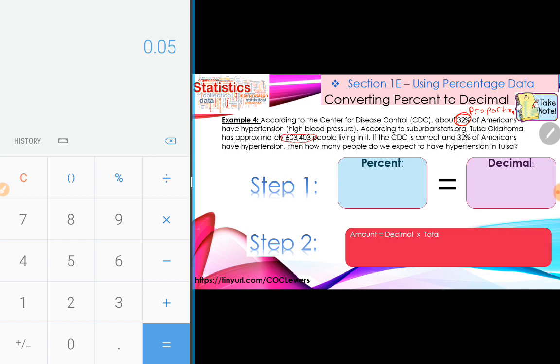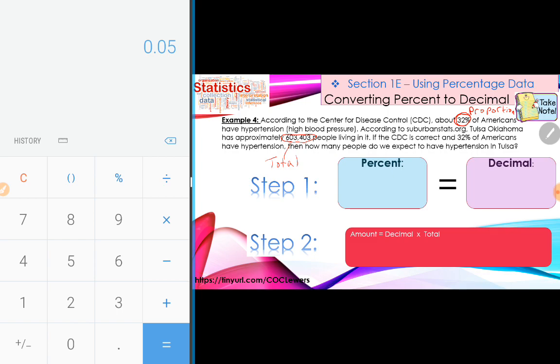That is the total size of the group we're looking at. If the CDC is correct, and 32% of Americans have hypertension, then we're going to use that data to look at just Tulsa. How many people do we expect to have hypertension in Tulsa?